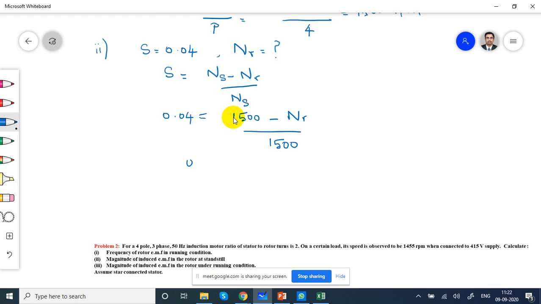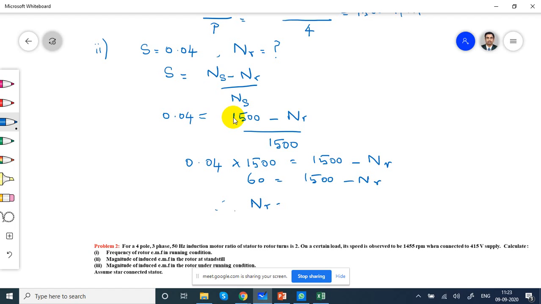So 0.04 into 1500, you will get 60, which is equal to 1500 minus Nr.